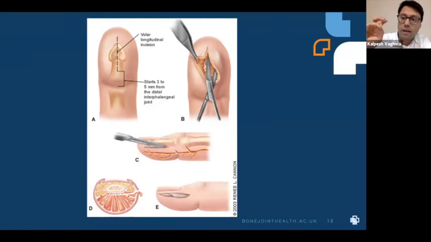And in terms of your little finger, try and make your incision on the radial border, as that will avoid any sensitivity on the outside of the hand, which is very, very important. So just think before you rush to theatre: where am I placing my incisions, and can I put them in a slightly more appropriate position so they don't cause a problem.